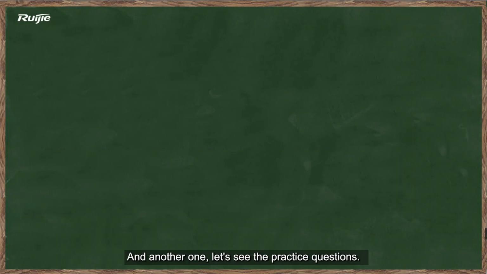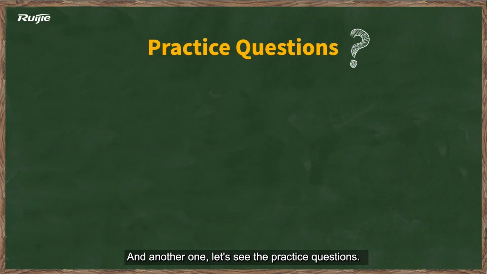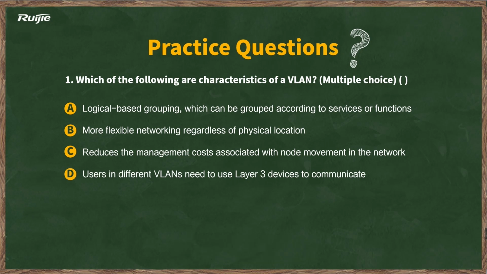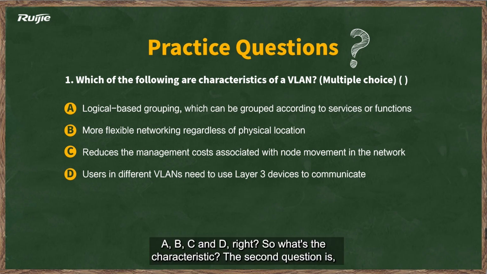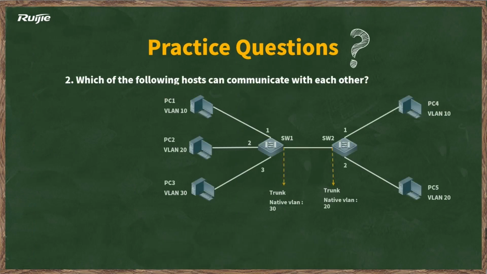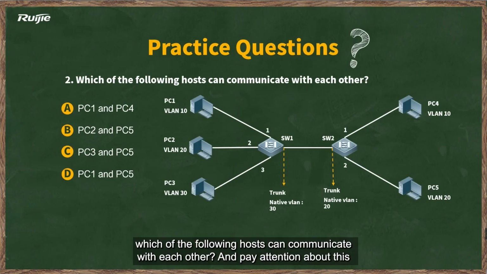And another one, let's do the practice questions. Which of the following are characteristics of the VLAN? A, B, C, and D, right? The second question is, which of the following hosts can communicate with each other?